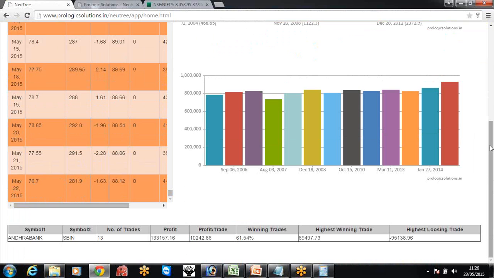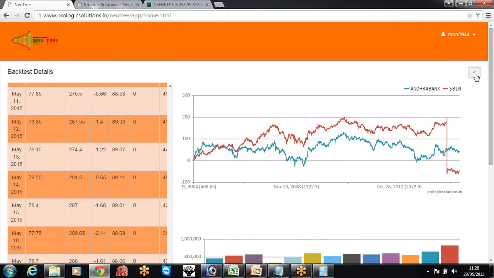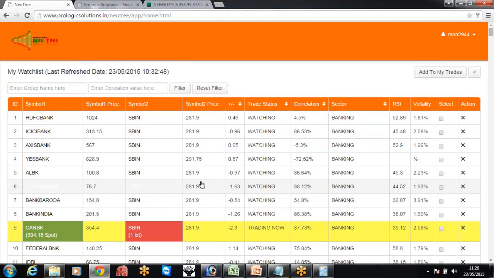So the call actually disappeared. That's why it is showing like this. So at the end of the day, the call was not existing. Your Z score, which was 2.7 in the afternoon, came down to 1.63. So we will not be entering this trade because the trade itself is not existing at the close. So we ignore that trade.